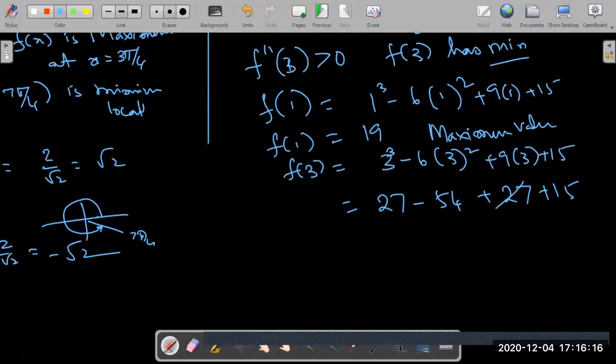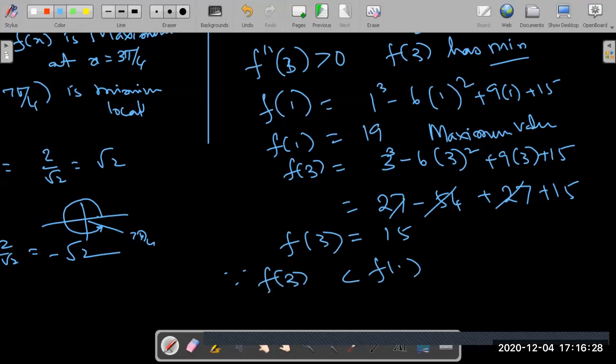So the 27, 27, 54 gets cancelled. So 15. So f of 3 is 15. Since f of 3 is less than f of 1, f of 3 equal to 15 is a minimum value. Okay, so we have done this also.